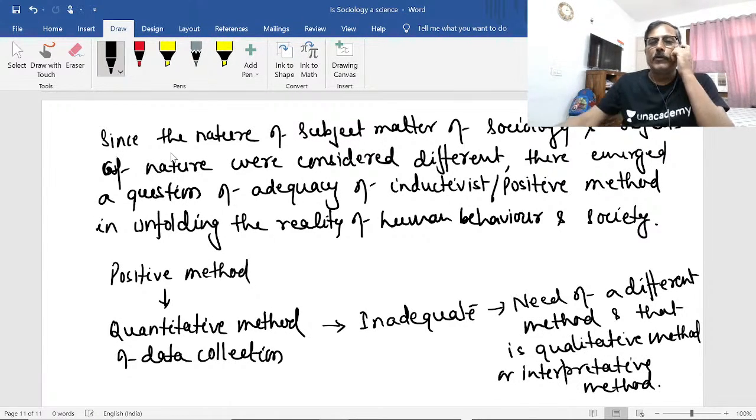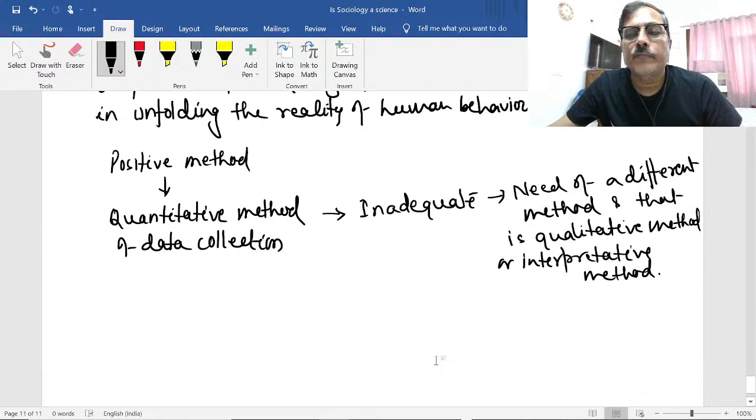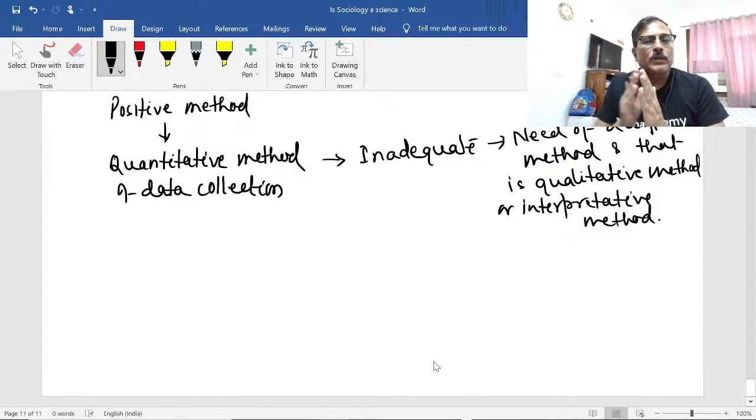Now here we need to understand what the purpose of science is. The purpose of science is to reach reality. And if one is ignoring an integral character of human behavior, the subjective consciousness, then by using that method, one cannot reach reality, and therefore that method should not be called scientific.